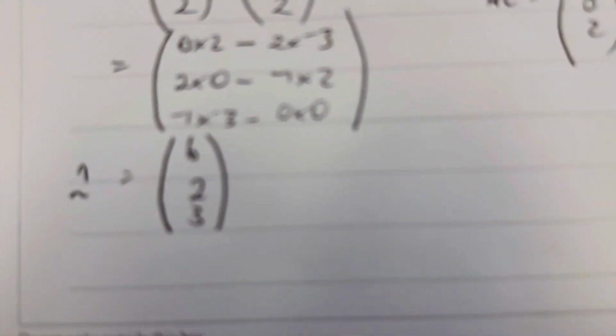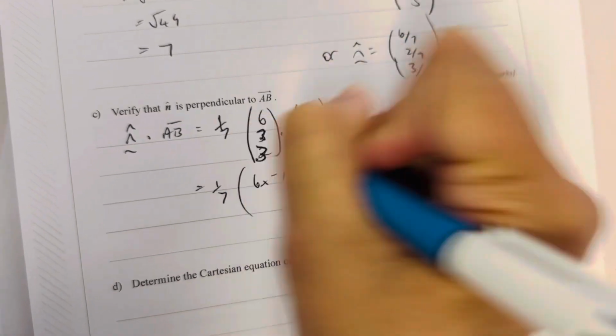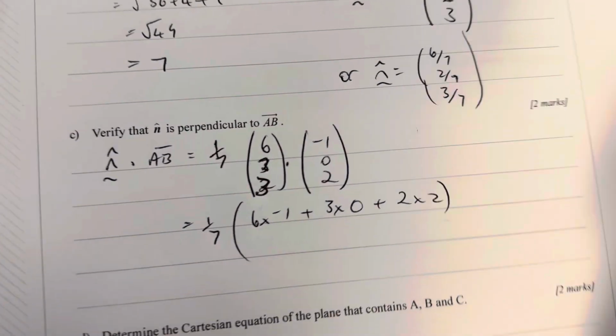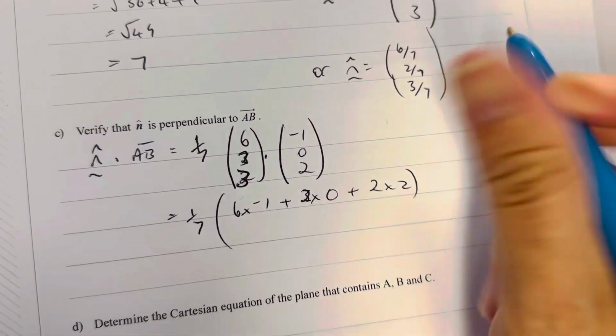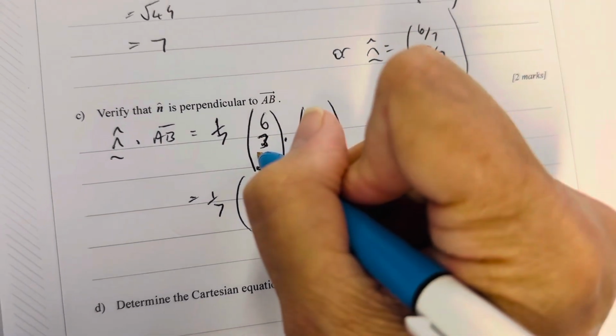Oh my goodness, I'm sorry, I made a mistake translating that over. N is 6, 2, 3, I made a mistake. I was worried because it wasn't equaling 0, because I wanted it to equal 0 to show that it was perpendicular. But I had my 2 and my 3 mixed up. So that was a 2 and that was a 3. That was a careless error that I made.